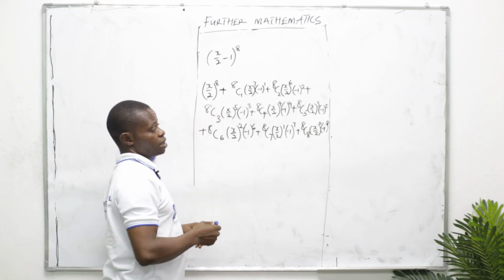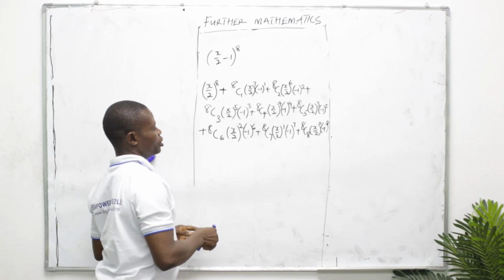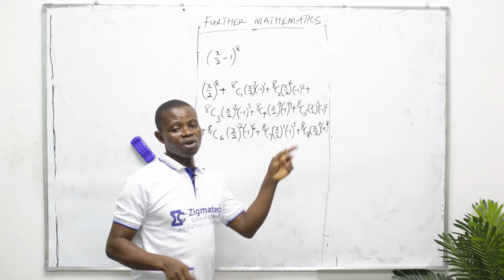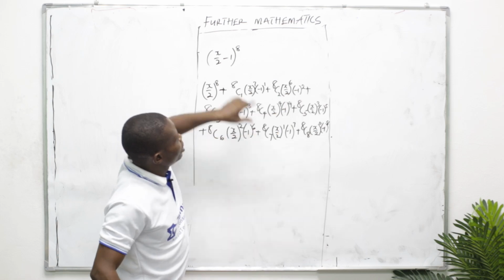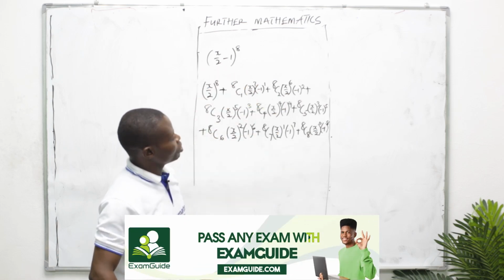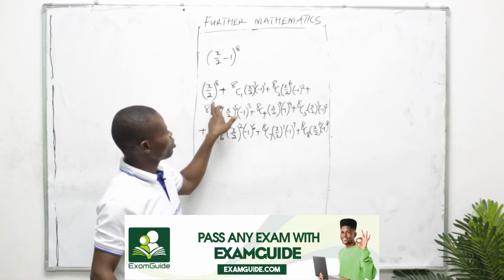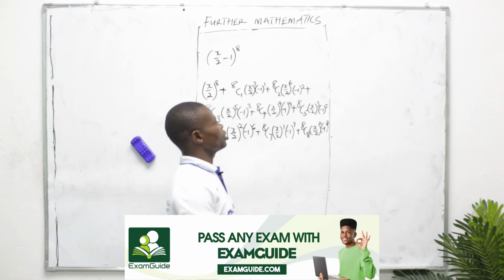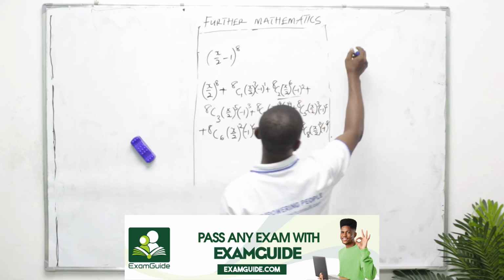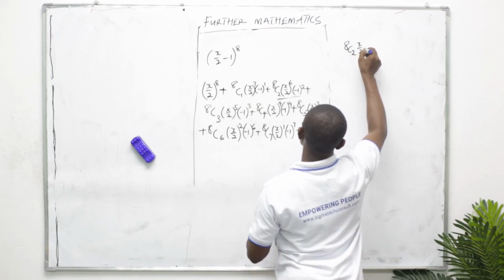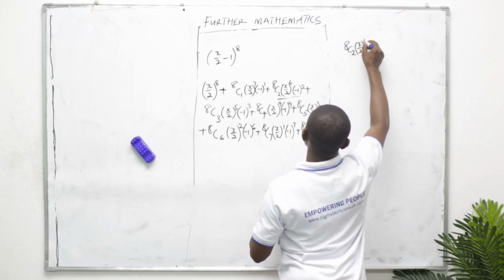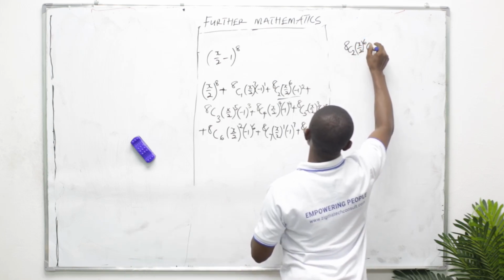Actually, they are interested in the third term. So expanding this will be a waste of time, but I expanded it so you can see how you expand anything that has something to do with fractions. Counting from here, this is 1, 2, 3. So the choice is from here, 8 combination 2, x over 2 power 6 into 1.